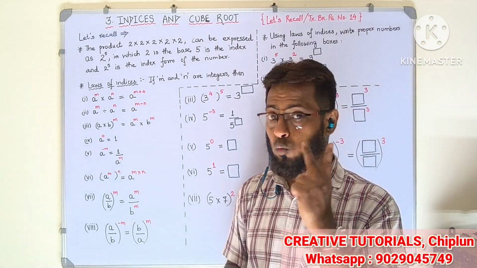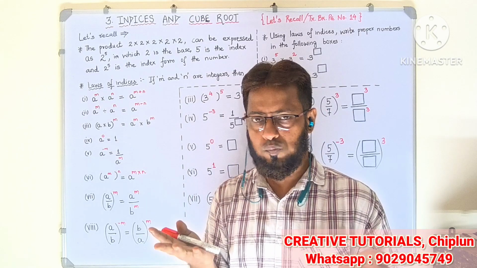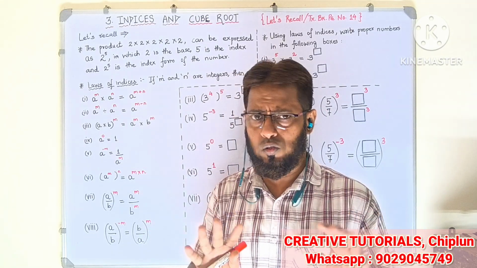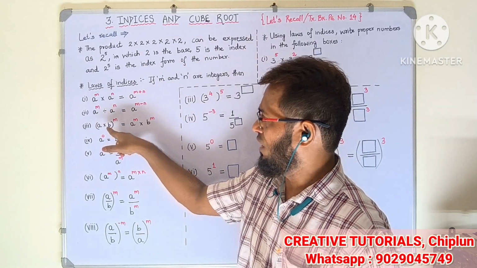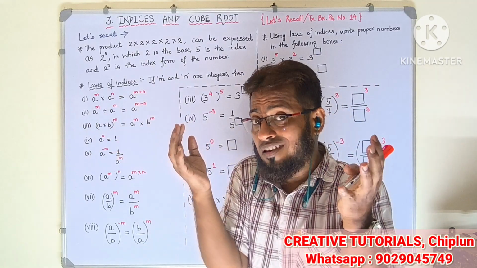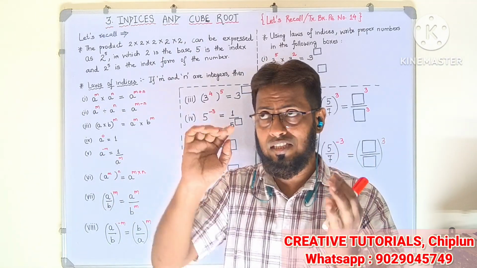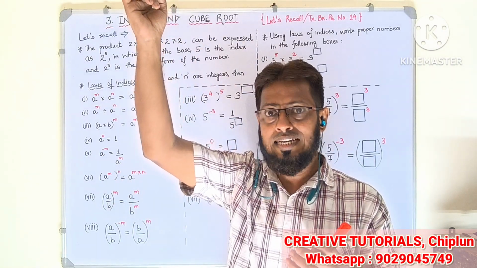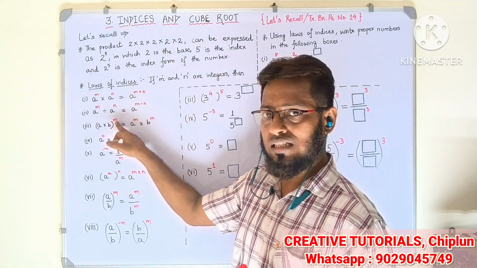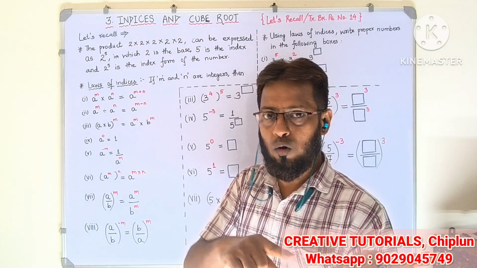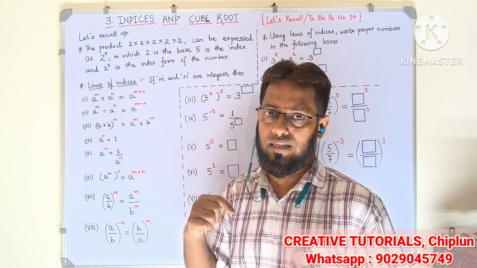That means when we have two numbers getting multiplied, two different numbers or the same number also, and both are given in one bracket with one common index m, this index will go along with the first term as well as the second term of the bracket.